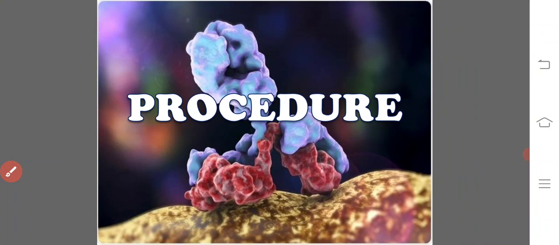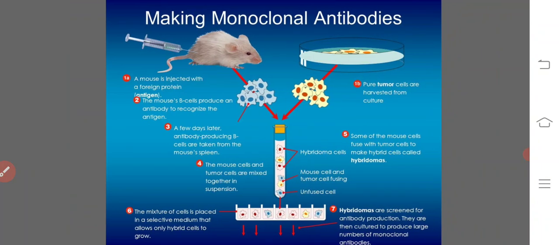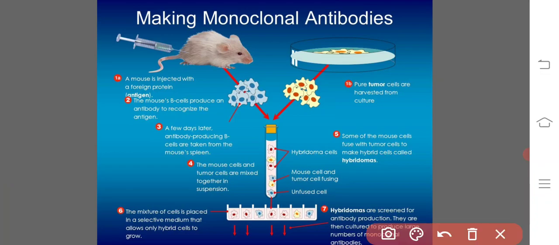Then coming to the procedure for the production of the monoclonal antibodies. What we will do, we will immunize the mice with a selected antigen. A mouse is injected with a foreign protein or antigen.